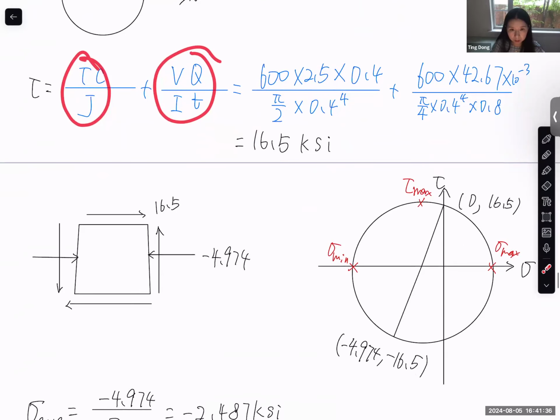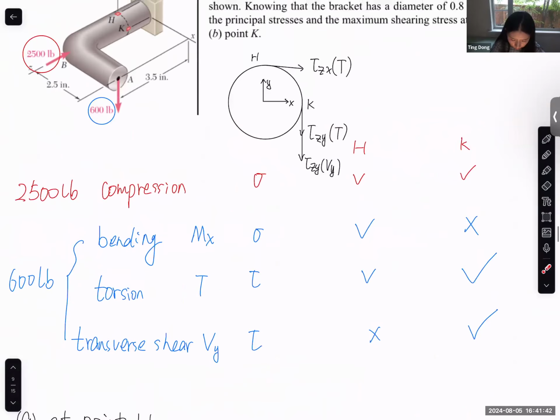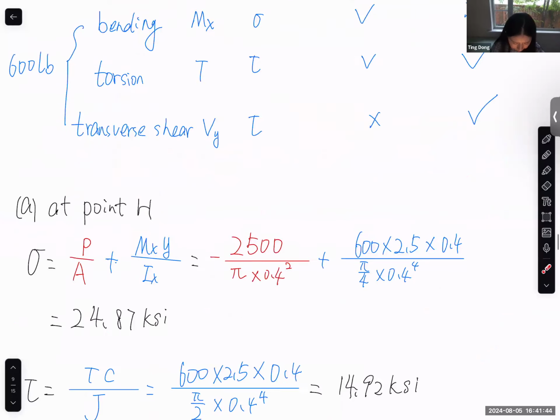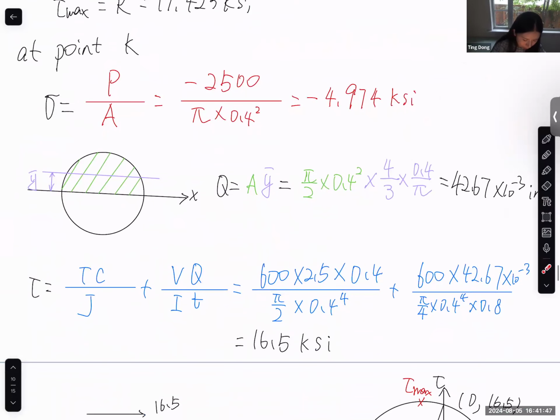So, and of course, if you really want to go fancier, you can put the subscript tau zy. And you have a negative value here, you have a negative value here, and in the end, you have negative 16.5.